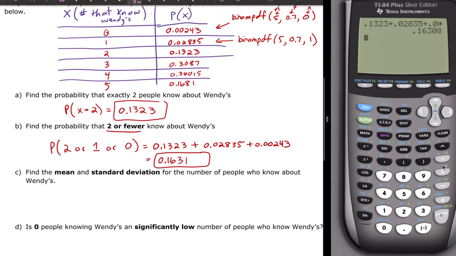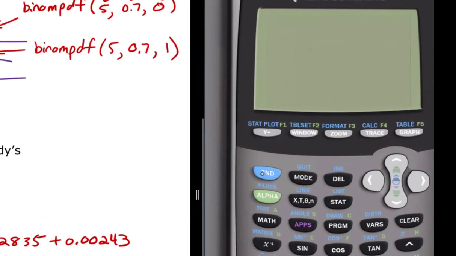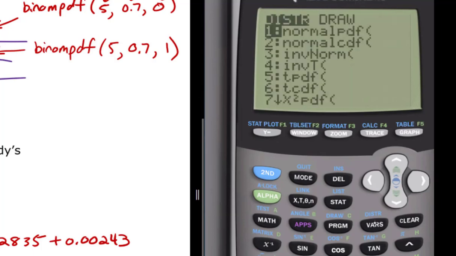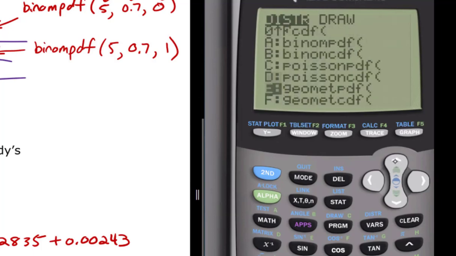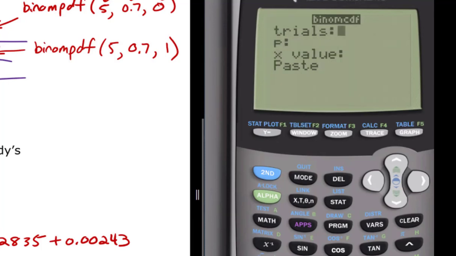One thing I want to show you, just kind of a detour here, but when you go to second and then vars on your calculator, I want to show you one thing just below Binomial PDF. Do you see this Binomial CDF function right here? This is very similar, it has almost the same entries as Binomial PDF. It is a cumulative frequency distribution though.